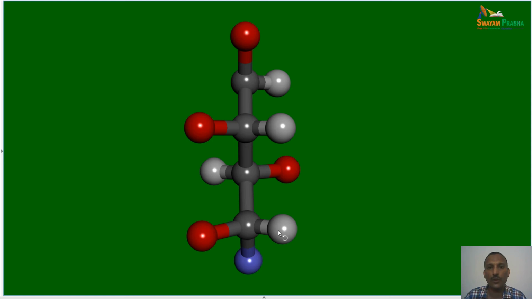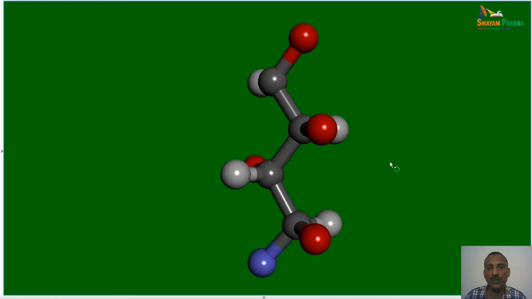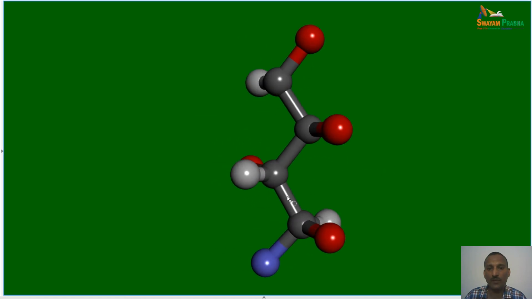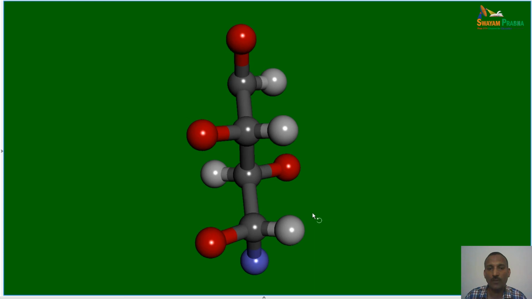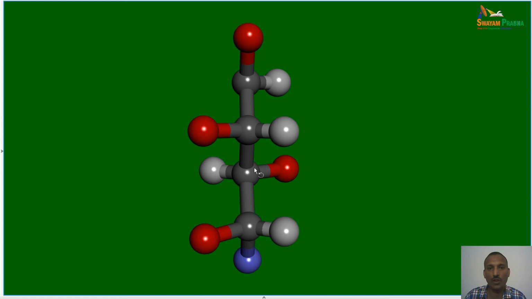According to the Fischer projection, all the horizontal lines are pointing towards the observer. But unfortunately, in reality, if we draw all the carbons in the straight chain mode, this is basically the zigzag representation which we were talking about. We can consider this as the straight chain, drawn vertically. But let us say I give this as the first carbon.